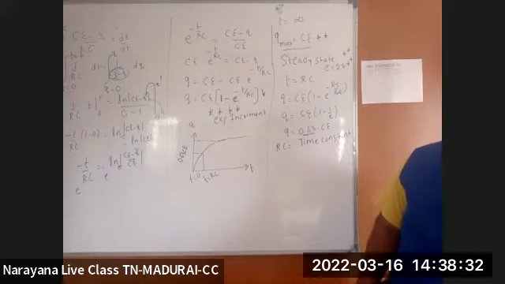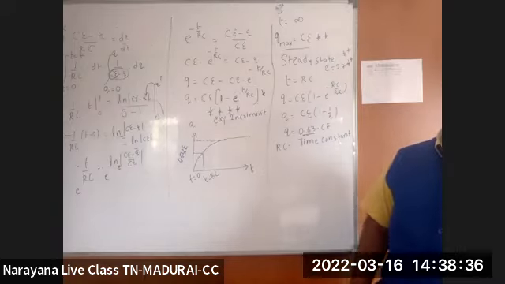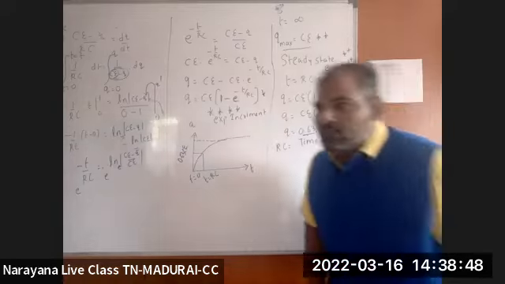Understood, everyone? Now definitely you will ask me one doubt, sir. Then after t seconds, what is the current in the circuit, sir? Definitely you people will ask me. Tell me one plan. What should we do for finding current after t seconds?